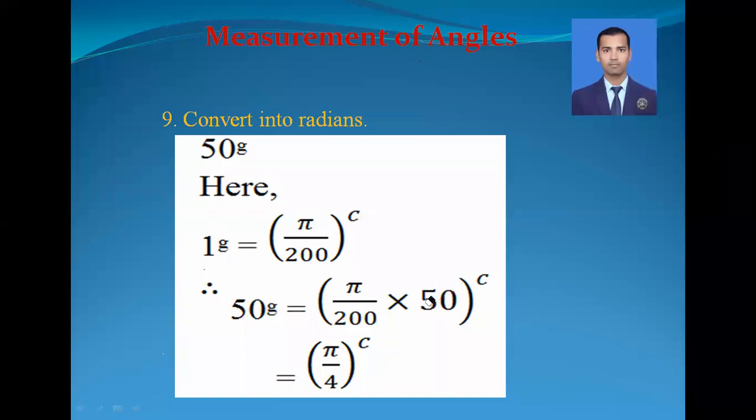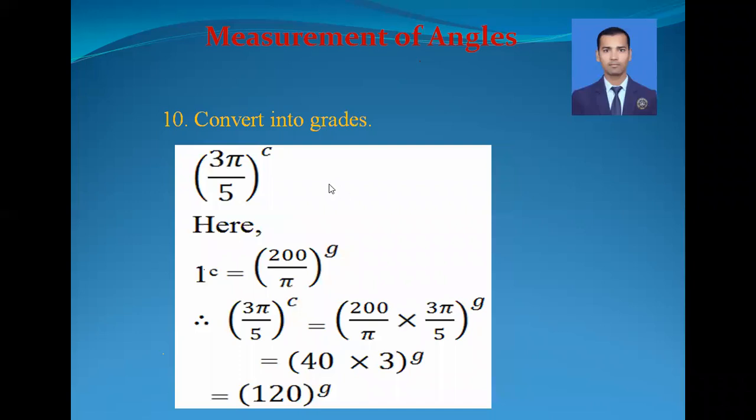Similarly, come to question number 10 here. Question number 10 is: convert into grades. Before, in question number 9, we converted grade into radian measurement. In the same way, in question number 10, we should convert radian measurement into grade measurement.